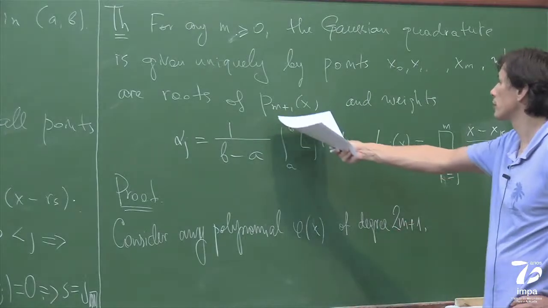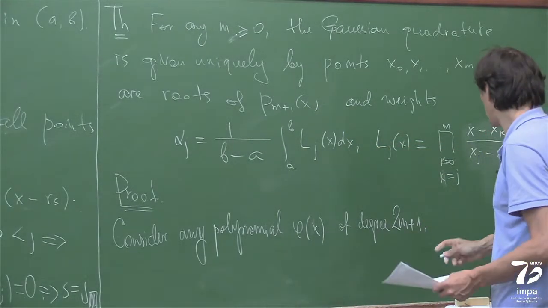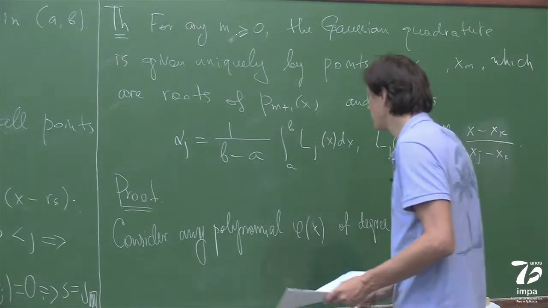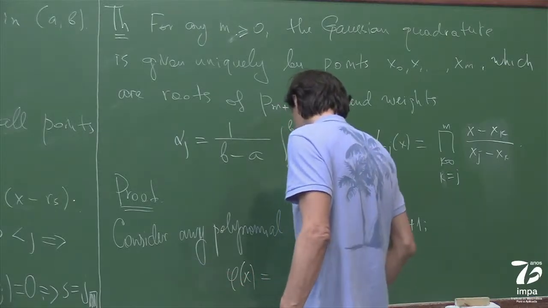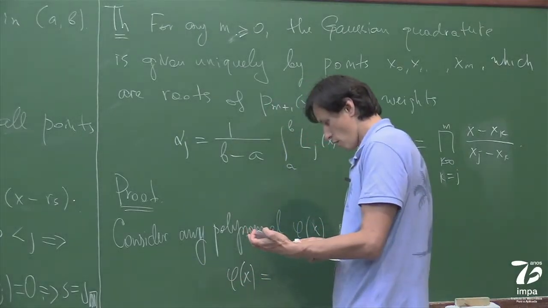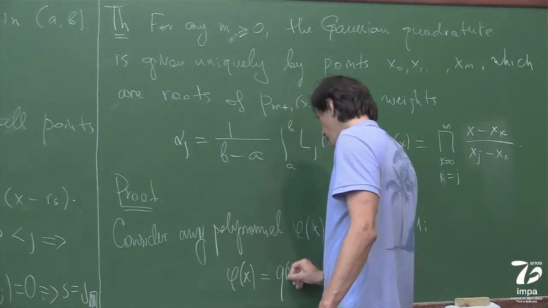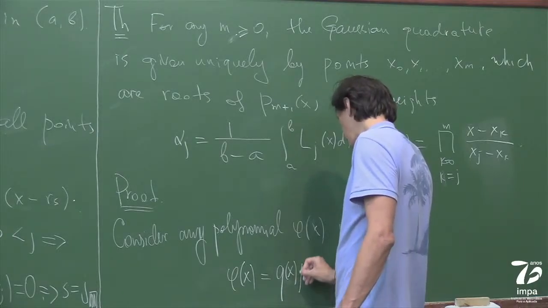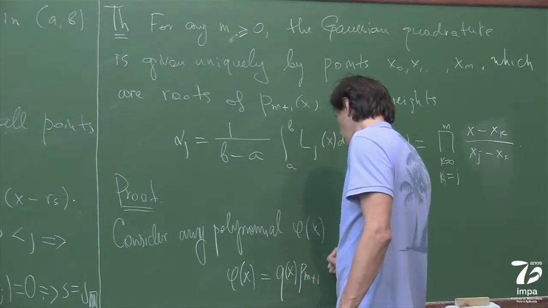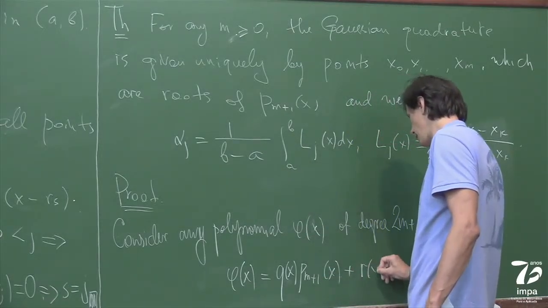We also have the polynomial P_{m+1} of degree m plus 1, so we can divide one by the other. Remember what division of polynomials means: phi can be written as q of x times P_{m+1}, and then the remainder r of x.